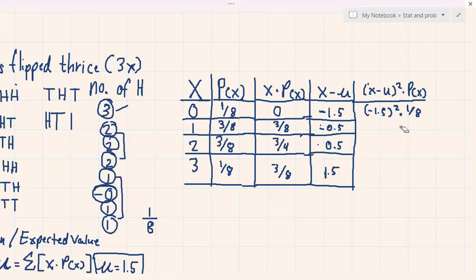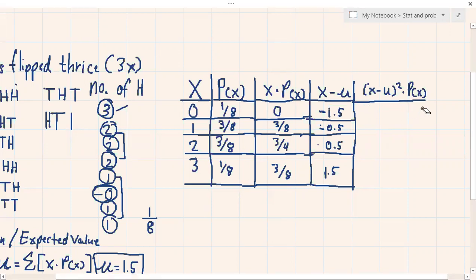0.28125. Zero point 28125. 8 to guys ha. Ito naka-shaded 8 yan. Konti lang space ko no? Anyways, next, the second row. So, ganun din. Okay. So, we will have the square of negative 0.5 times p of x niya, 3 all over 8.